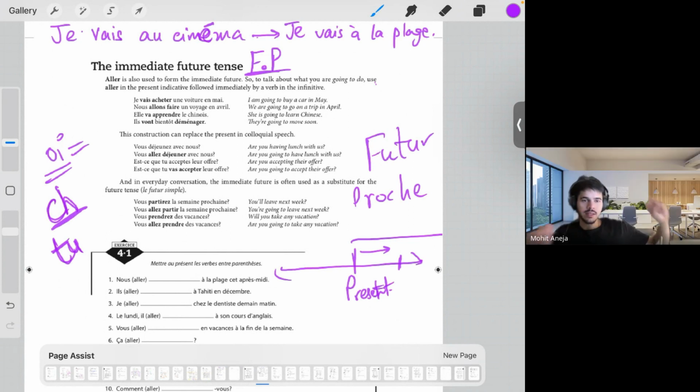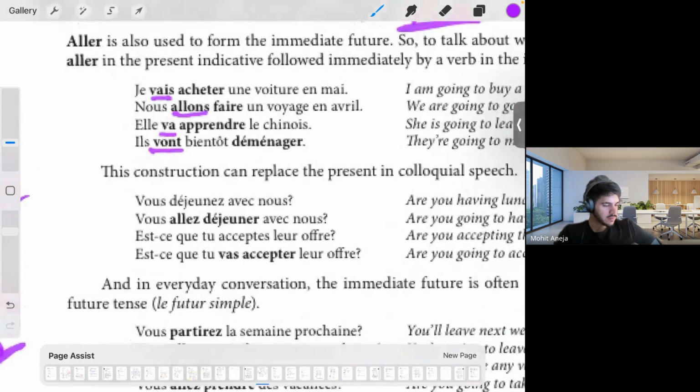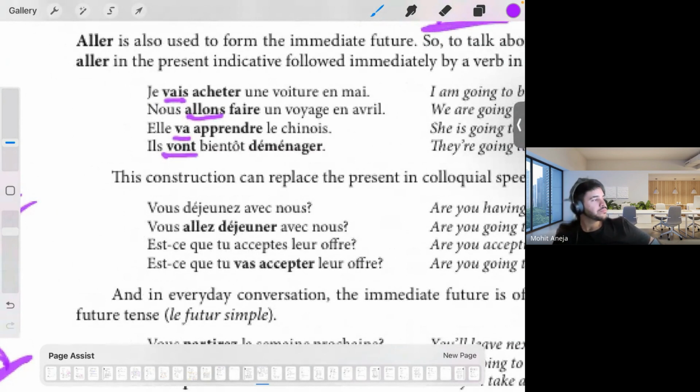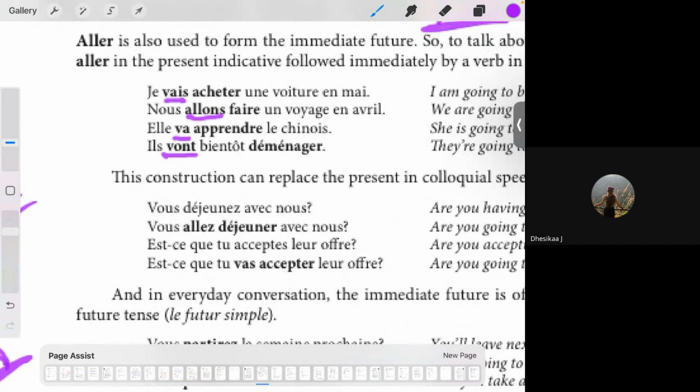So you see, this tense uses two forms, actually two verbs. The first one was what? Try to notice these things that I'm underlining. What do you notice about these first words that I'm underlining? What's common between these? Elle va prendre.